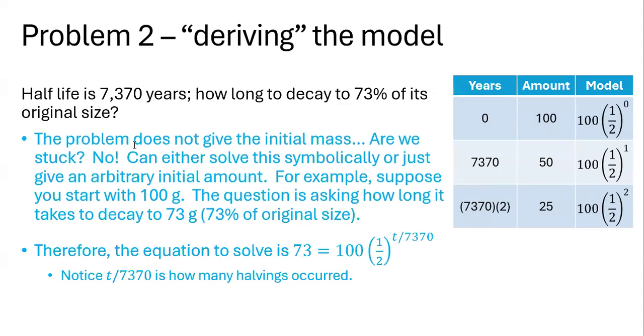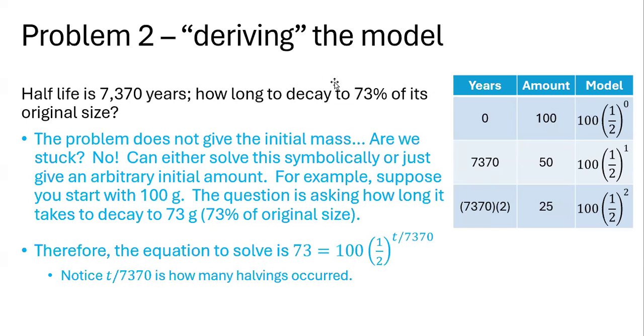So as I was saying, the problem doesn't give an initial mass, so are we stuck? No, we can either symbolically solve it, which I do in future slides, not here, or we can just give an arbitrary initial amount. So let's keep things simple. For example, suppose that we start with 100 grams of this americium.